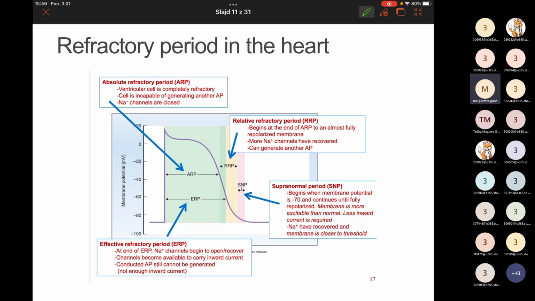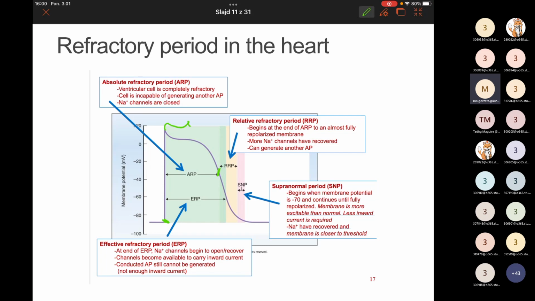Similar to neurons, during the absolute refractory period of the cell membrane of cardiomyocytes, a second action potential cannot be generated. And the absolute refractory period starts from the resting membrane potential, or we may say starts once the threshold is reached, to, let's say, one third of phase 3.